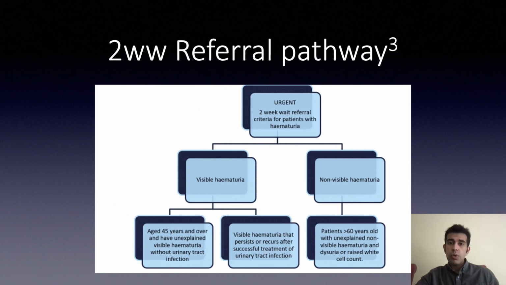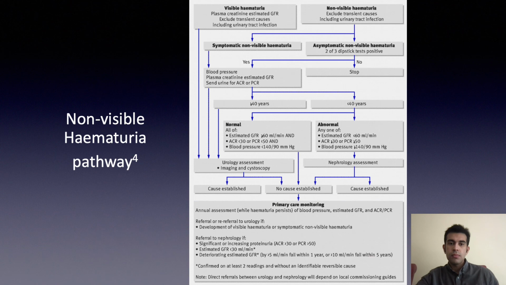But on the other hand, we can also have non-visible hematuria. Patients over 60 years old with unexplained non-visible hematuria and dysuria, as well as a raised white cell count, also need to be investigated by the urological team on a 2-week wait referral. Non-visible hematuria can be more difficult to detect.